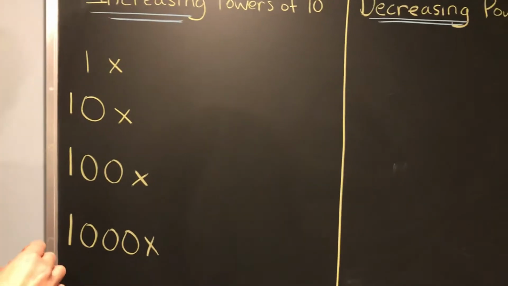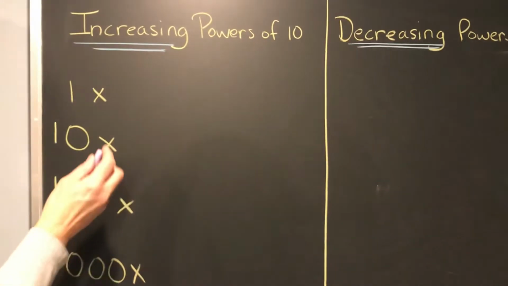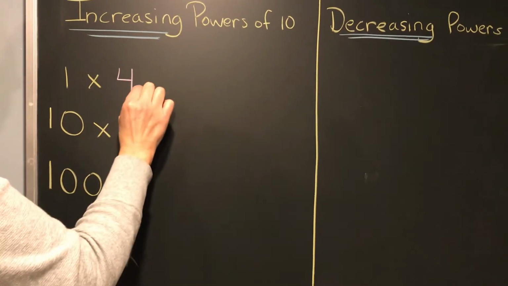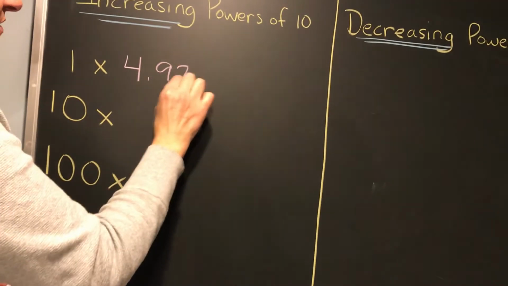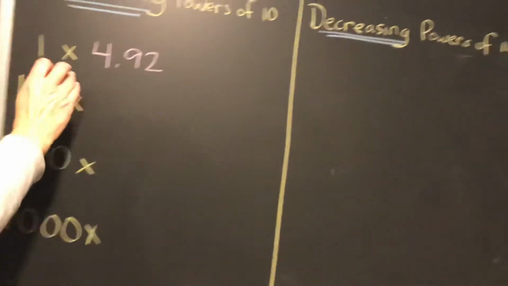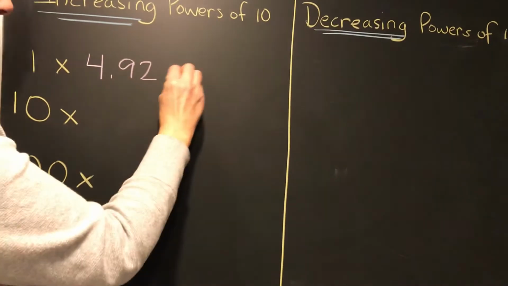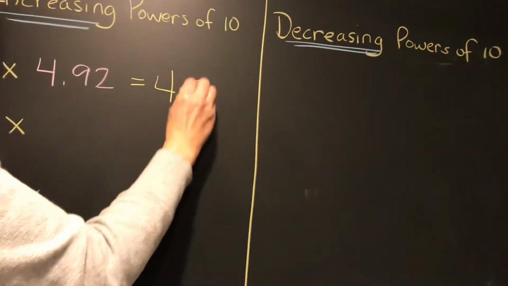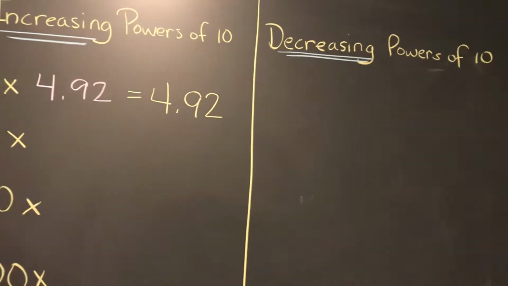The number that I'm going to use to work with is 4 and 92 hundredths. Clearly, if you multiply 4 and 92 hundredths by 1, it's going to be the same thing, just 4 and 92 hundredths.